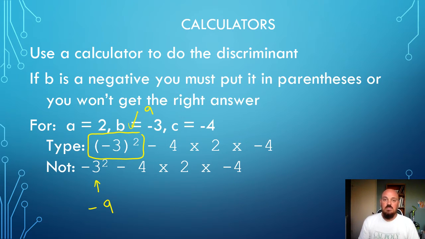But if you put it in parentheses, remember order of operations, parentheses come very first, even before exponents. So negative 3 in parentheses means negative 3 times negative 3, and the answer is positive 9. So don't type this one here. If you ever want to do a negative number squared on a calculator, if you type the one I circled in red, it's going to come out wrong. Always make sure you put it in parentheses.